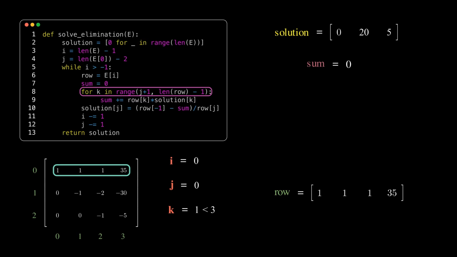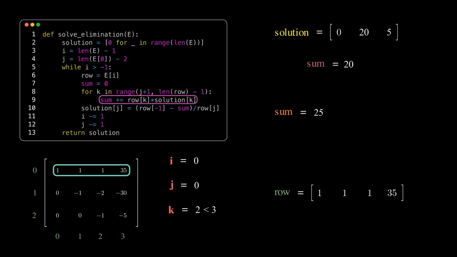In the first iteration, the value of k is 1, as we have already solved the variable y in the last iteration. So here we multiply row[1] by the solution[1] and add the value to sum. In the second iteration, the value of k equals 2. We take the previous value of sum and update it by adding the product of row[2] and solution[2].